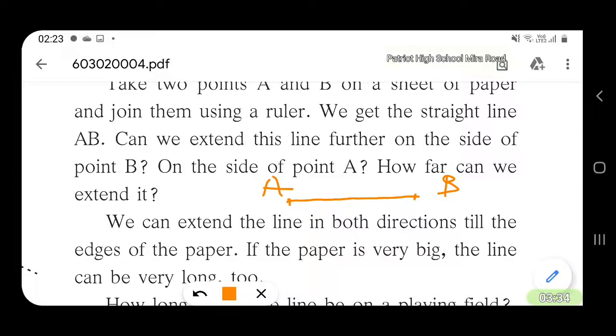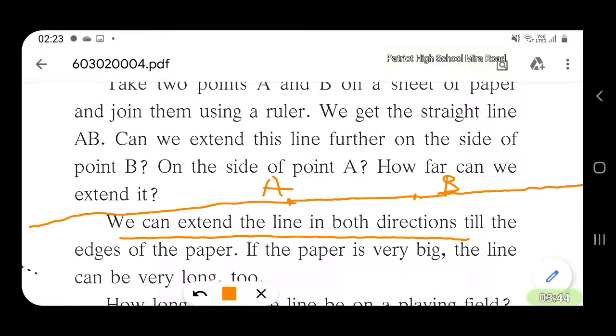We can extend the line in both the directions till the edge of the paper. So if the paper is very big, you get a very long line. If it is small, then you get a small line.